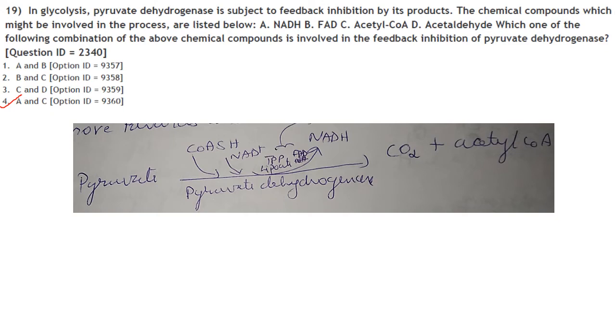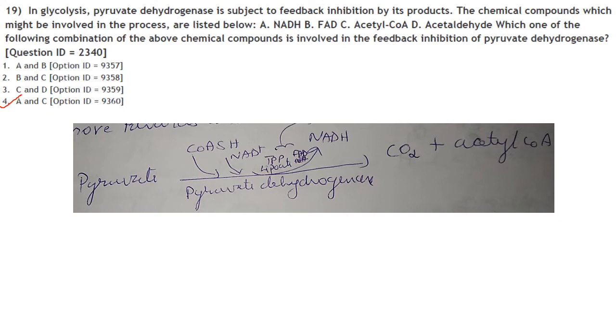So this is pyruvate dehydrogenase action. It requires CoASH, NAD plus, and these are the coenzymes that are involved, that is TPP, lipoate and FAD are the coenzymes that are involved. NAD plus is converted to NADH and carbon dioxide plus acetyl-CoA.